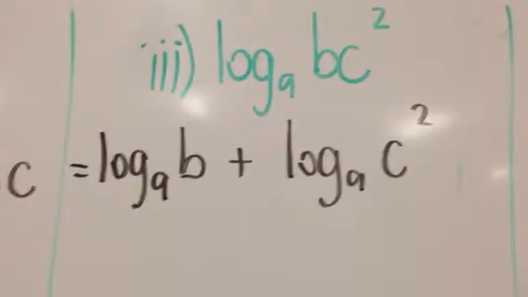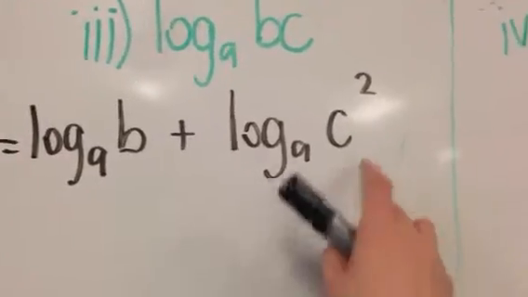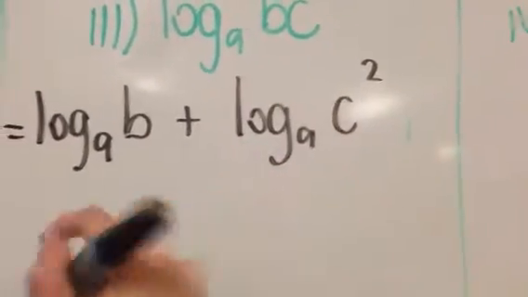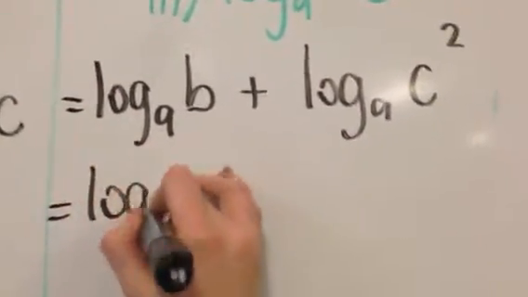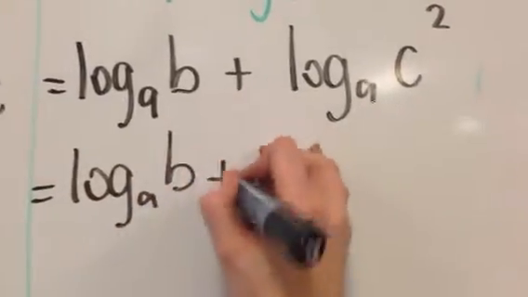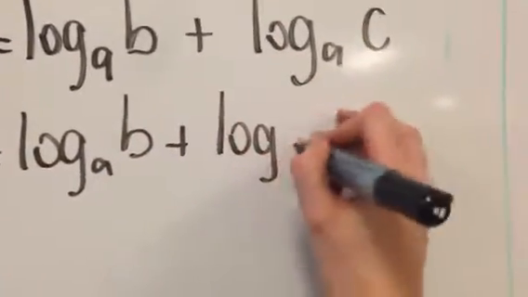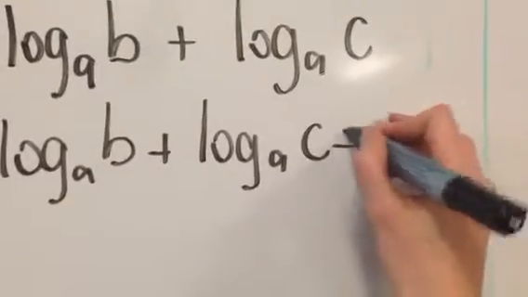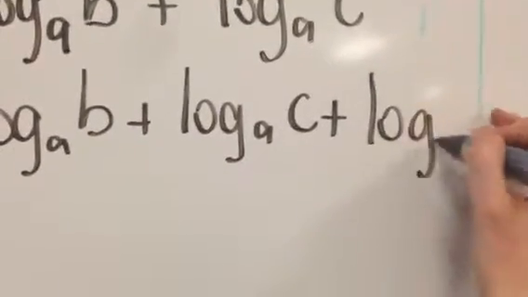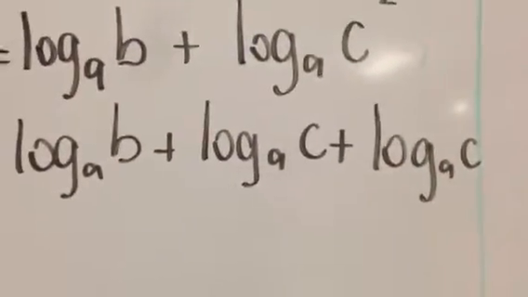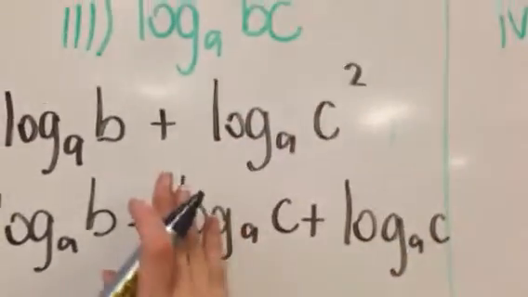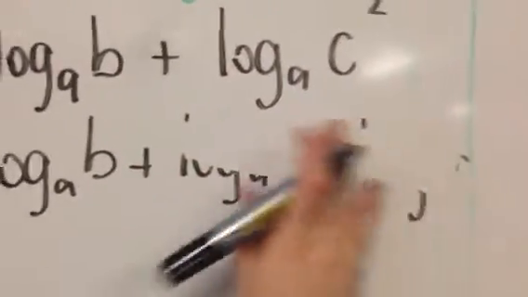Now I have two choices here. I can expand this out again so that I have log base A of B plus log base A of C plus again log base A of C. Or I can use one of my other laws, which I might show you.